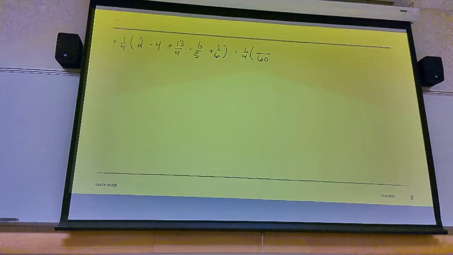That's what I got, 13. Let's just double check. I also have 13 over 60. So the result of that iterated integral is 13 over 240.